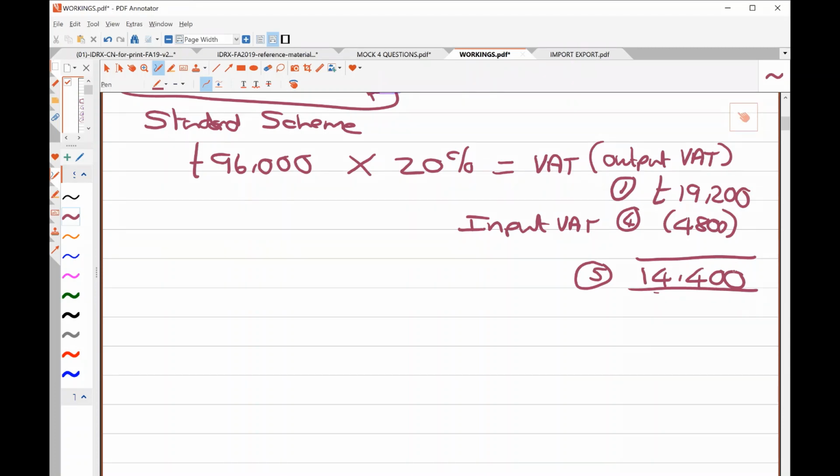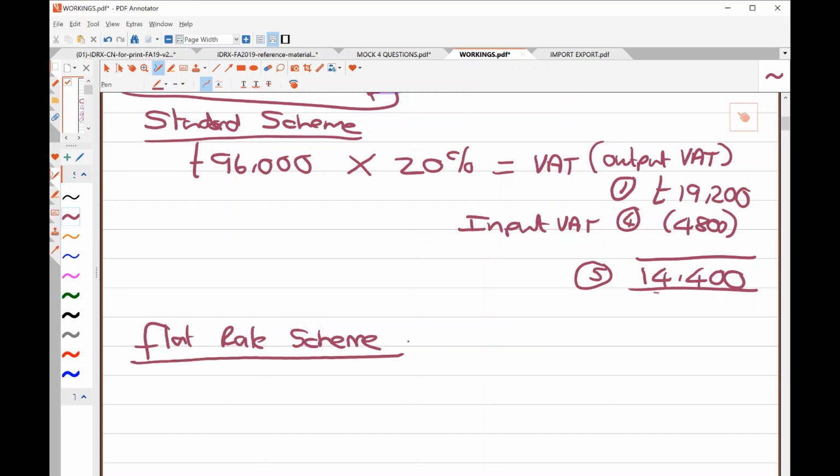Great. Lovely. If we were then doing the flat rate scheme, not the standard scheme, what the flat rate scheme does is take all of your taxable supplies, all of your sales if you like, and add everything together, including any VAT that you might have.